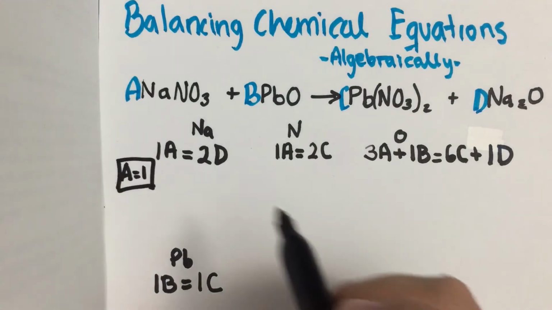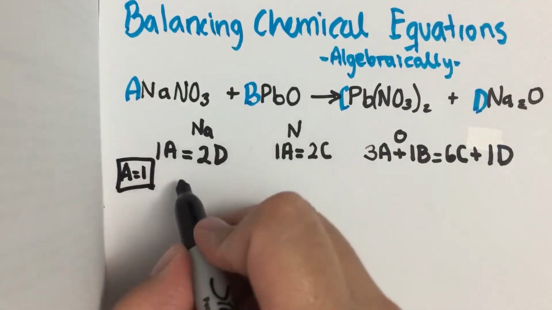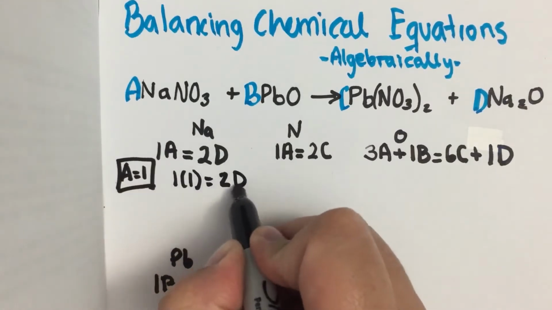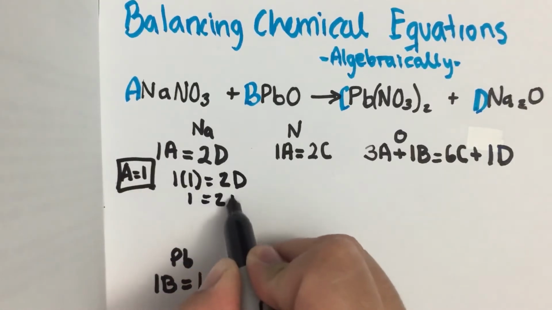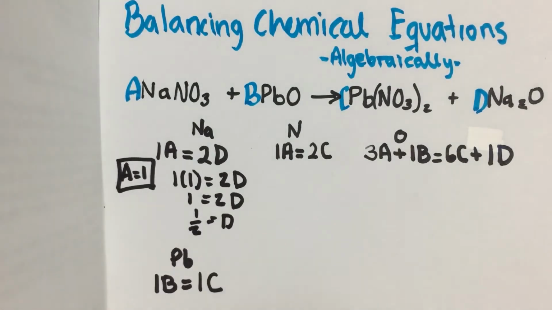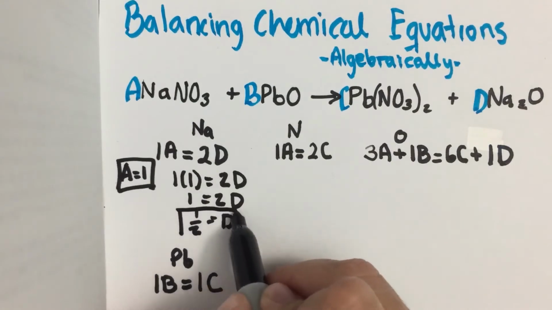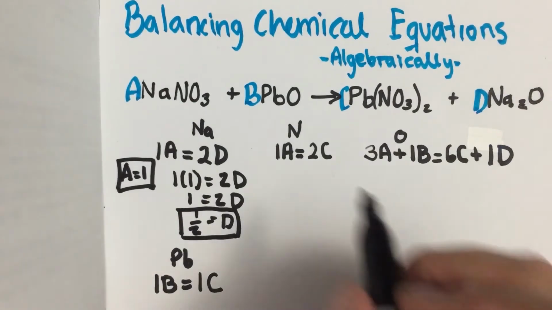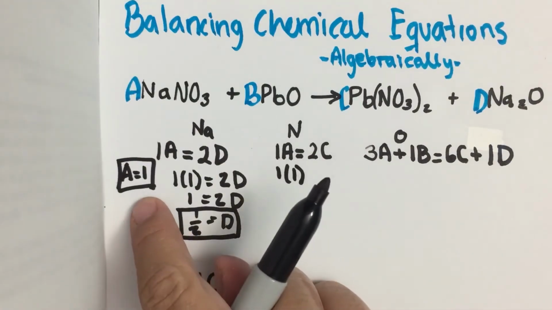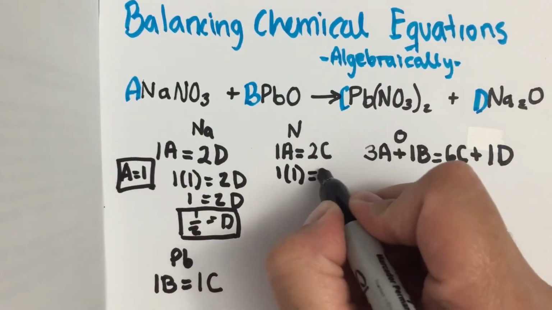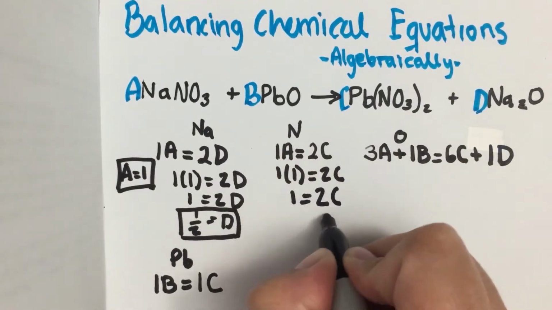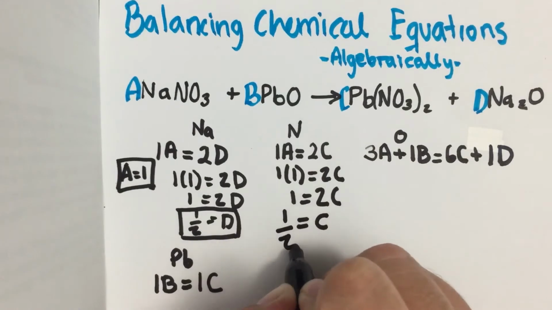All right, so if A equals 1, then 1 times 1 equals 2D. 1 equals 2D, D equals 1/2. So we have now D. For nitrogen, 1 times 1 for the A we set, equals 2C. 1 equals 2C, C equals 1/2.